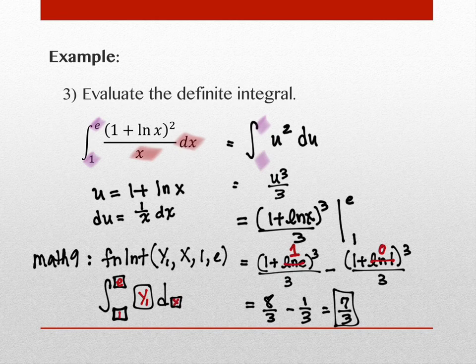So y1, x, 1, e, all with commas between. If you're wondering how to get E, you can do second division sign, that's one way. Or you can do second natural log and put the 1 after it. That's another option. It gives me 2.3 repeating.